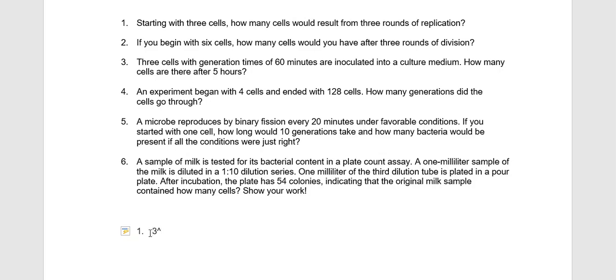Let's write it over here: 2 raised to the nth. In this case, it's 2 raised to the 3rd, because one cell becomes 2, and that number is going to give us 8.